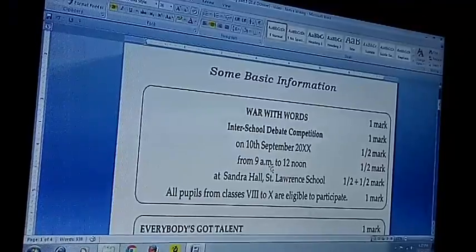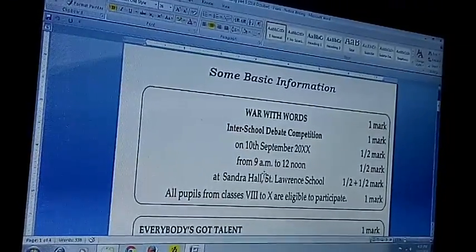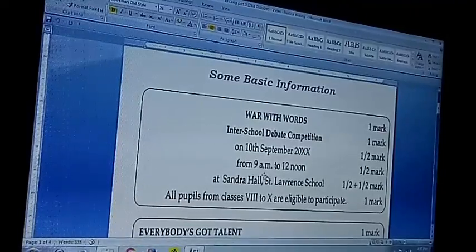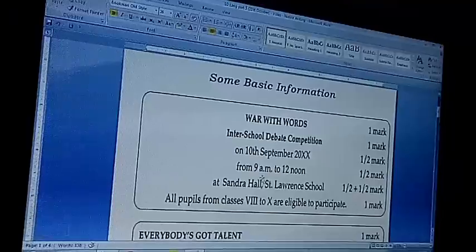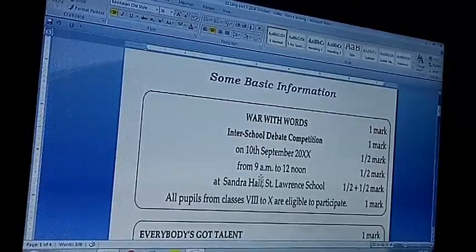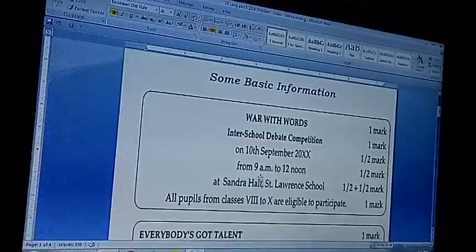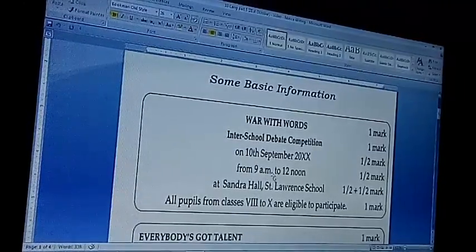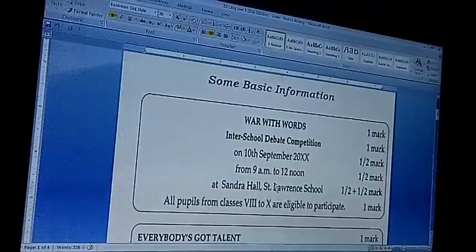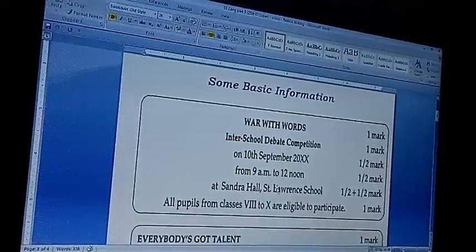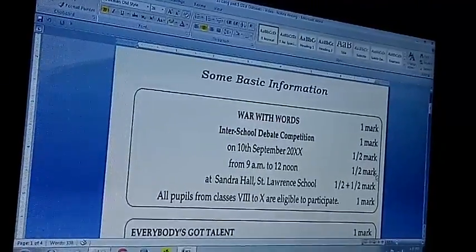Open your dictionary and it will tell you what a.m. refers to. It is a Latin word, ante meridiem. So a.m., small a, small m. These are all very small things. So from 9 a.m. to 12 noon, half a mark.